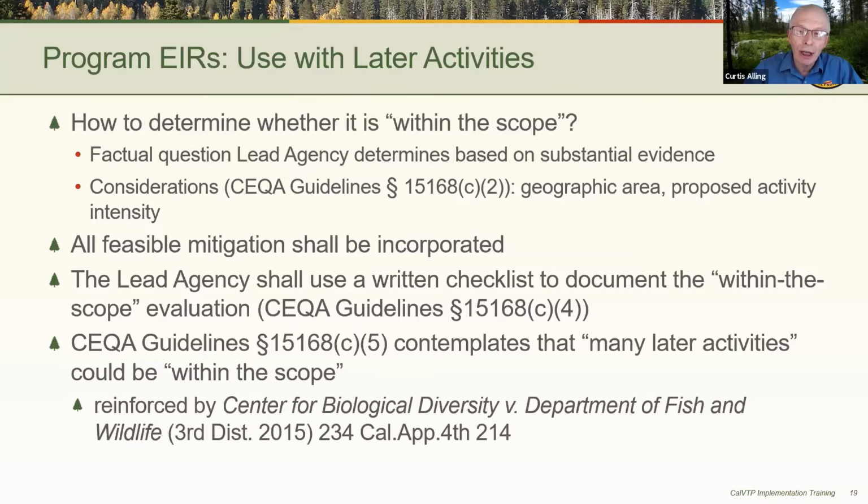So there are over 1,000 lakes that were covered for fish stocking, and their entire statewide fish hatchery system was addressed in this program EIR, and it used standard project requirements to protect the environment, much like the CalVTP program EIR does, and this EIR was upheld by the court. So it really validates the stability and the usefulness of the program EIR approach. Next slide, please.